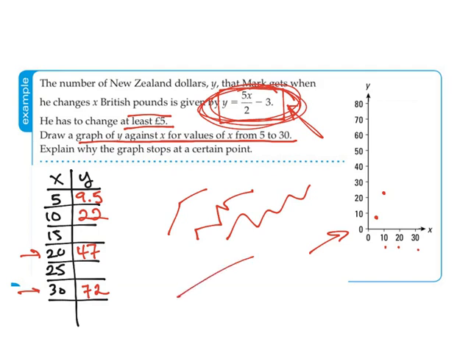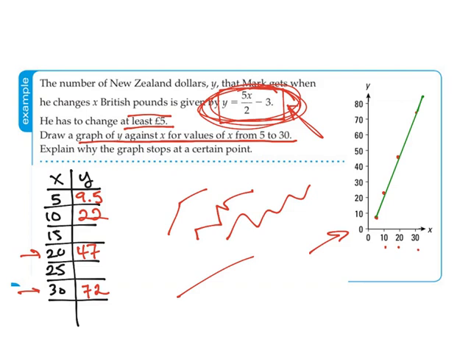They should just make straight lines. So 20, 47 is approximately right here, and 30, 72 is approximately right here. When you draw a line straight through them, there we go. From here you can use this line to analyze for more information.